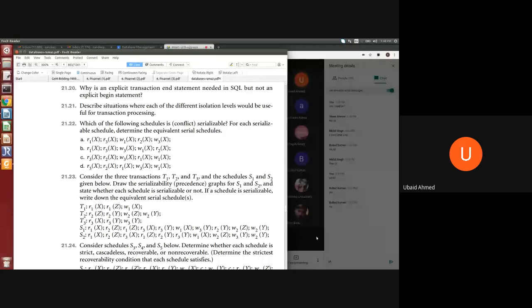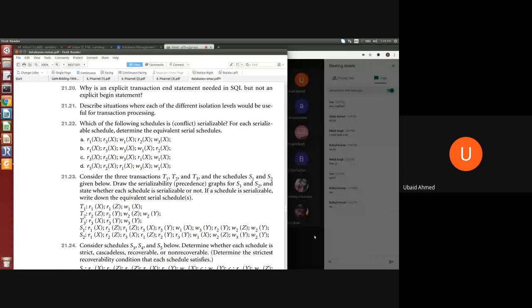First one is not serializable. Okay. How many transactions will be there? Sir, there will be a loop between T1 and T3. No, how many transactions are there?